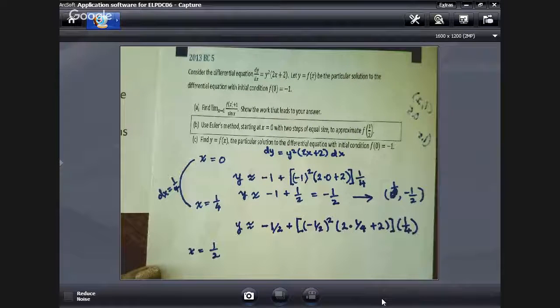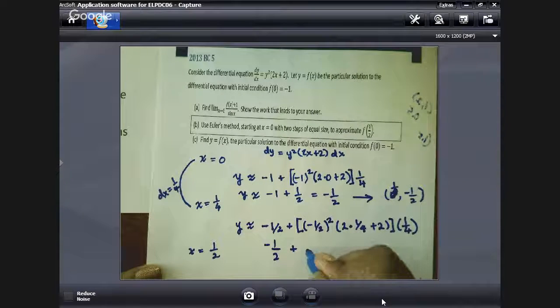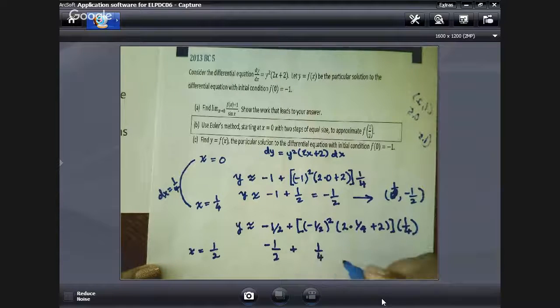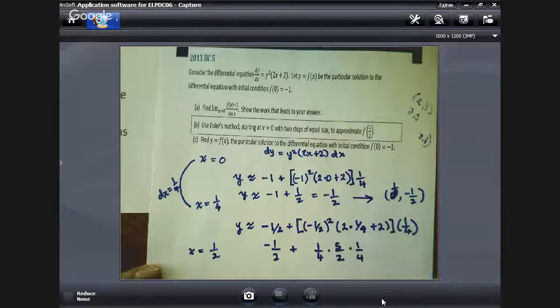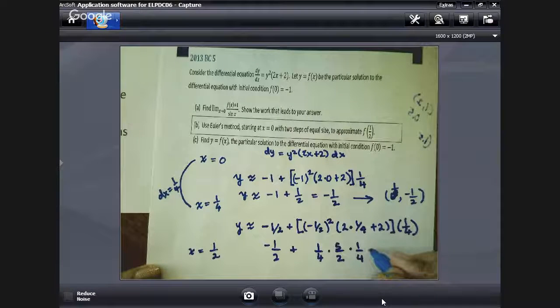I'm going to go ahead and simplify this a little bit. -1/2 plus 1/4 times 2.5. So what's that? 5 halves times 1/4. So this is going to be equal to negative 1/2 plus 5 over 32.